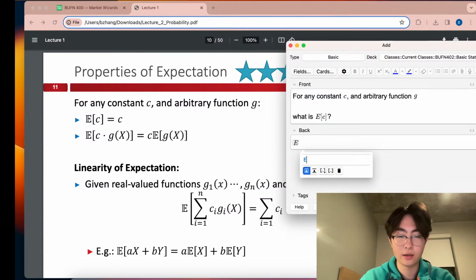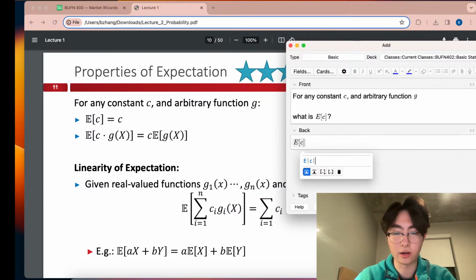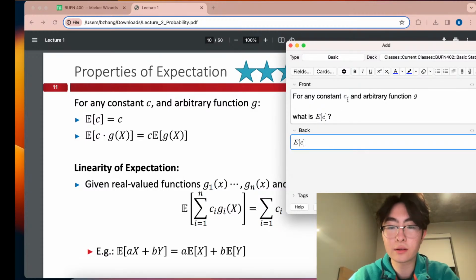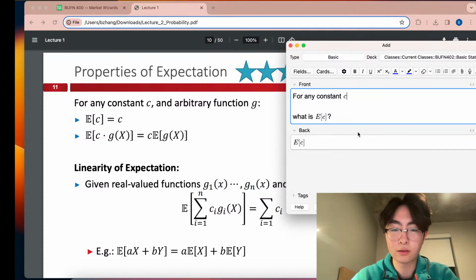So the expectation of a constant c is equal to c.